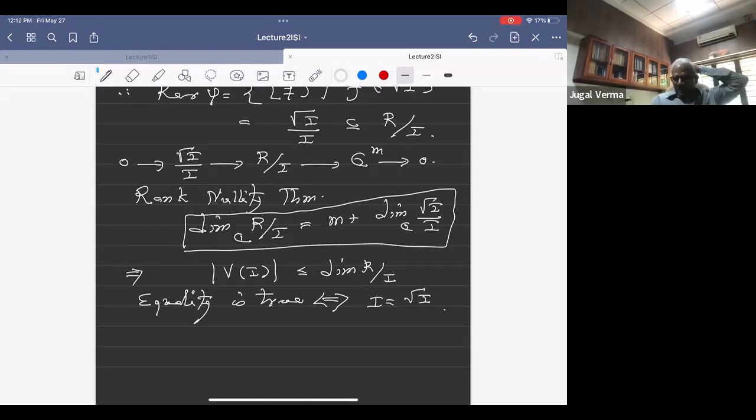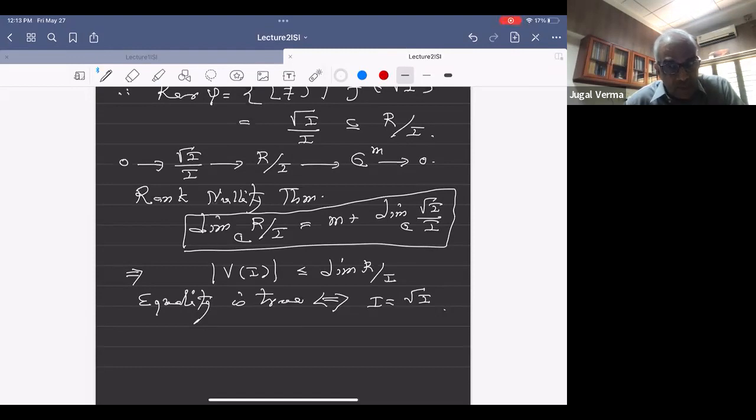So if you take the variety defined by a radical ideal, then the number of solutions will be precisely the vector space dimension of R mod I. Otherwise, it can be less. In general, it can be less because, suppose you just have one polynomial in one variable, it can have multiple roots.